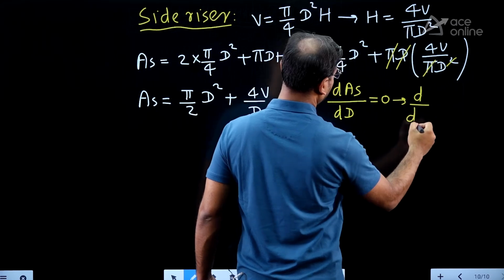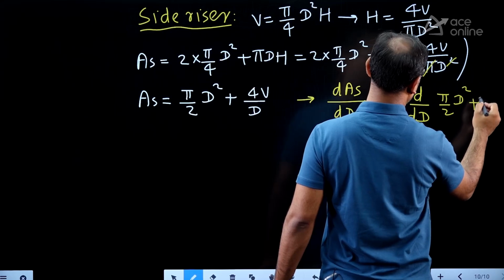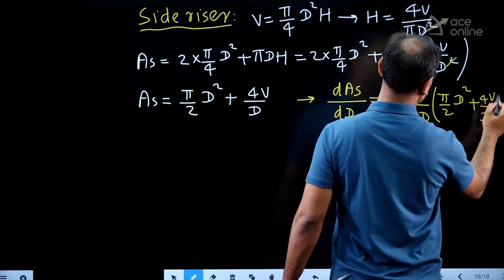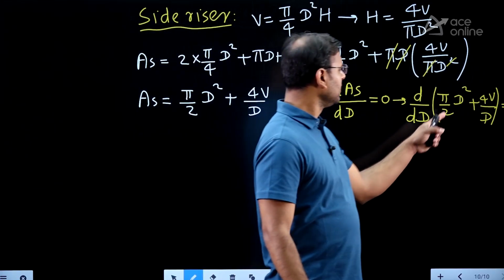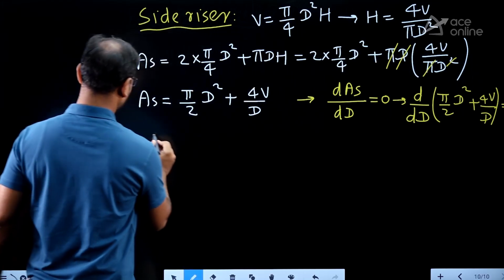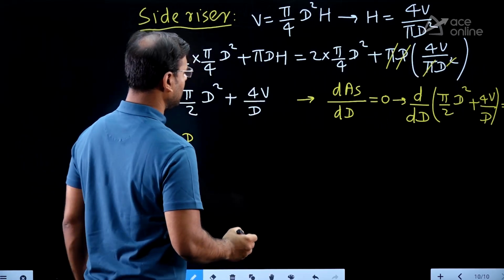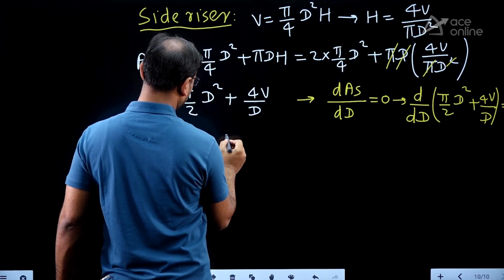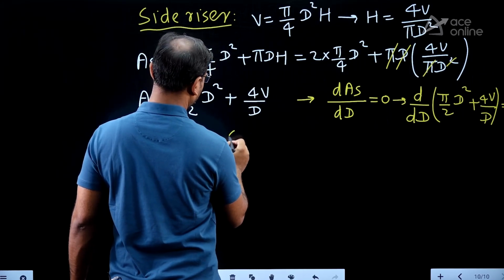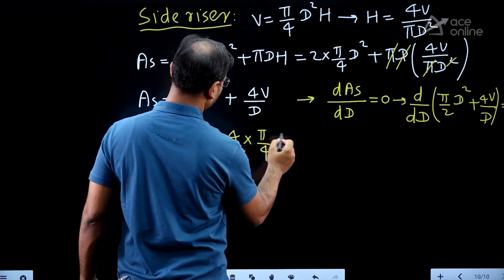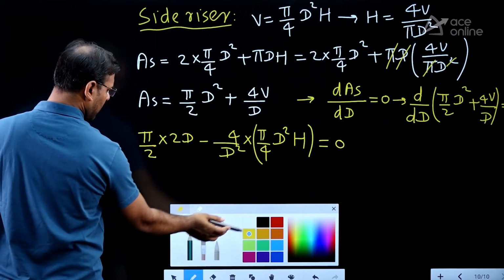The surface area here is pi by 2 D square plus 4V by D. The derivative of D square is 2D, so pi by 2 into 2D, plus 4V, where the derivative of 1 by D is minus 1 by D square, with V being pi by 4 D square H, the volume of the riser, is equal to 0.